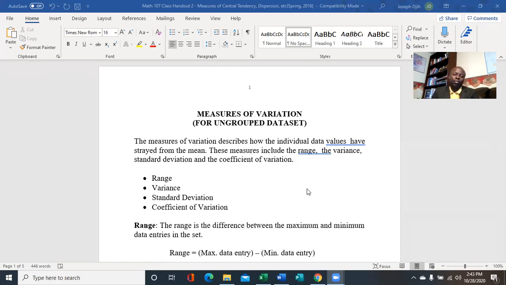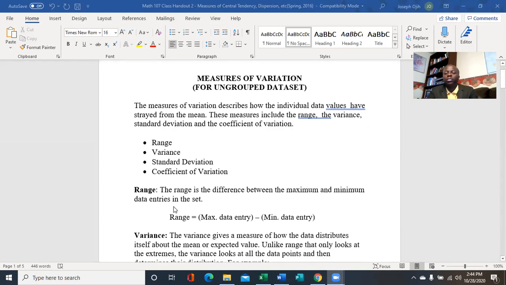They tell us how far away they have strayed, and I will explain more on this. There are four popular measures of variation: the range, variance, standard deviation, and the coefficient of variation. This lecture will be focusing on range, variance, and standard deviation.